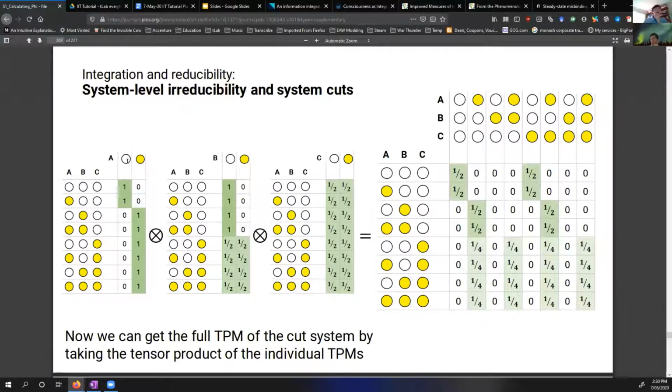So here you have the TPM for A, TPM for B, and TPM for C, given every possible state of the system after we've made this unidirectional cut. To recombine the system into one, we just do a tensor product between all the TPMs. So this cell times this cell times this cell would give this, and then this times this times this would give this one, and so on and so forth.